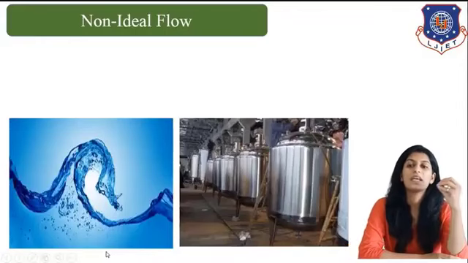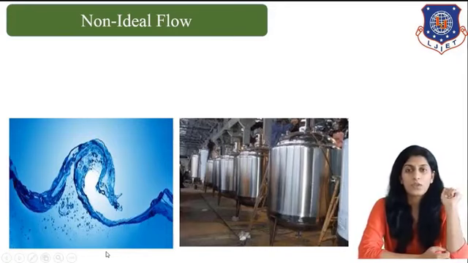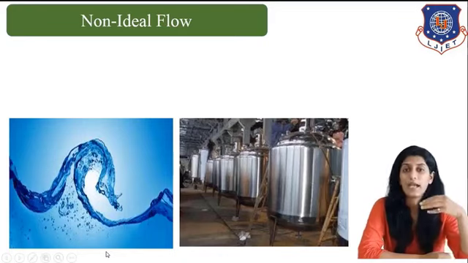So what do we mean by non-ideal flow? Before understanding this, we must brush up our knowledge of CRE1. If you recall, in CRE1 we dealt with various types of reactions and reactors.